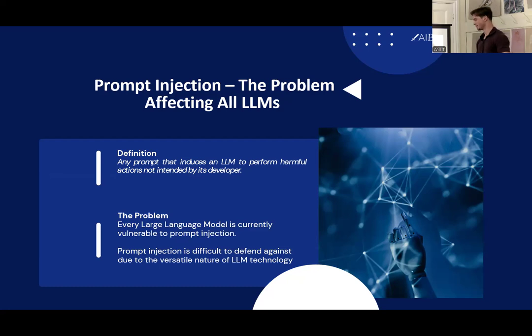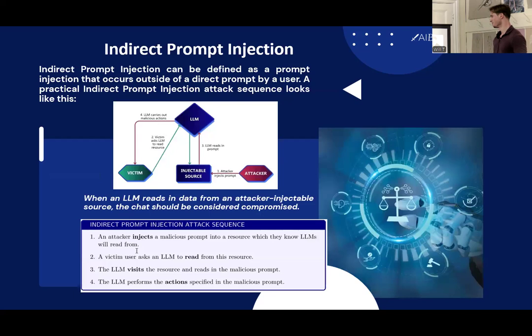So we can use hashtags, we can use Unicode characters, so many different things which these AI alignment engineers haven't considered before. So prompt injection is really difficult to defend against as a security engineer. And in my opinion, it's never going to go away. It's always going to be there in any kind of large language model.